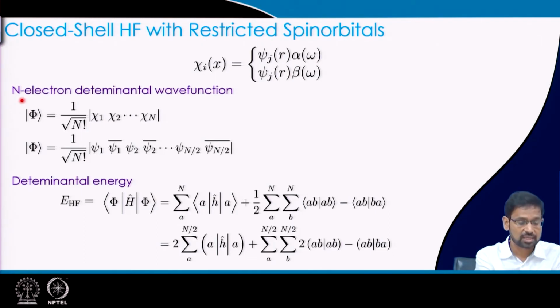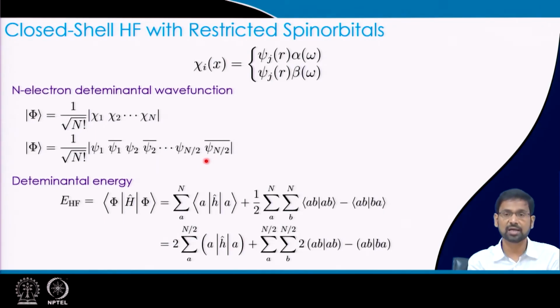Now, in such a case, the n-electron determinant wave function that I wrote down in terms of the spin orbitals going from chi 1, chi 2 till chi n, because I have n electrons. So, to represent this Slater determinant, I am using n spin orbitals. Instead of that, I can express the same Slater determinant in terms of spatial orbitals, psi 1, psi 1 bar indicating the beta spin, psi 2 bar, and it goes to psi n by 2 and psi n by 2 bar.